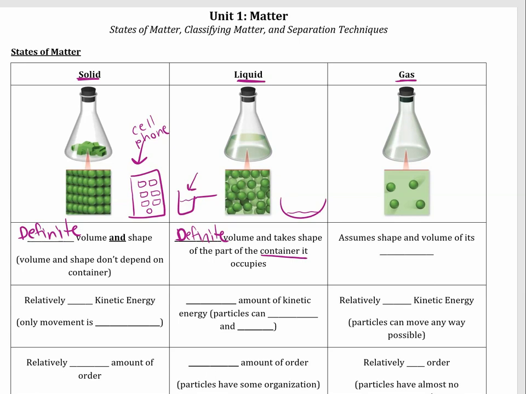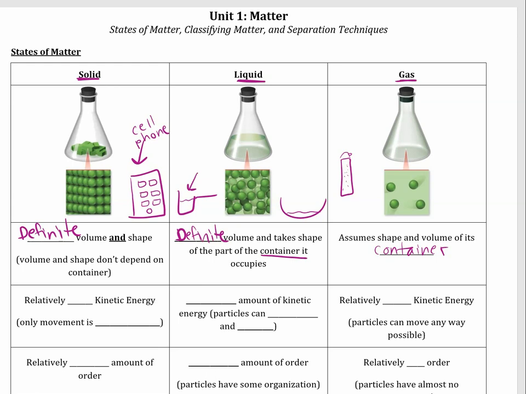And then if we compare this to a gas, gases assume the shape and volume of their containers. So if you think about something like a can of Febreze or some other room spray, you have your little can, and it starts out in the can. It's the size of the can, it's the shape of the can, all of your little gas particles are in this can, so they are can shaped.